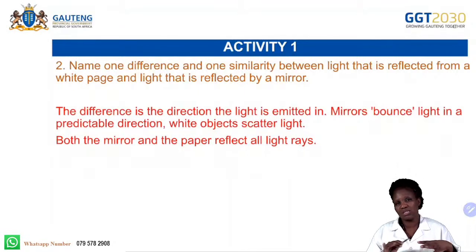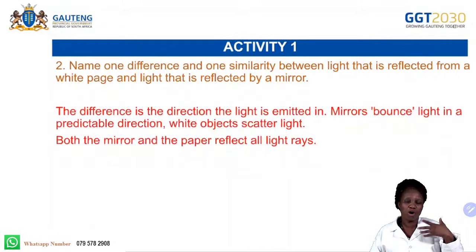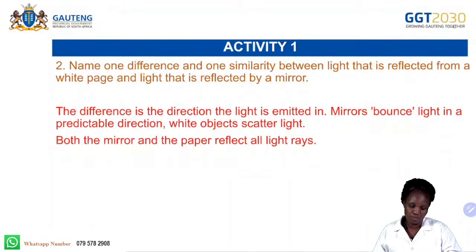White objects will scatter light, but the mirrors will reflect back in a predictable direction. Both the mirror and the paper reflect light rays.